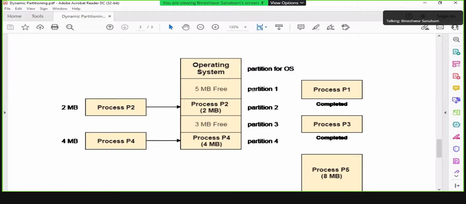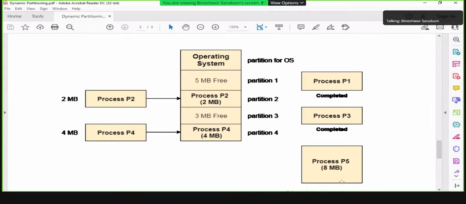Now the question is, if we have another process P5 that requires 8 MB of memory, whether it will be able to work out with this. As we know, whenever we allocate, the location has to be in a sequence. Since partition 1 and partition 3 are not contiguous, we cannot allocate process P5 to this location.